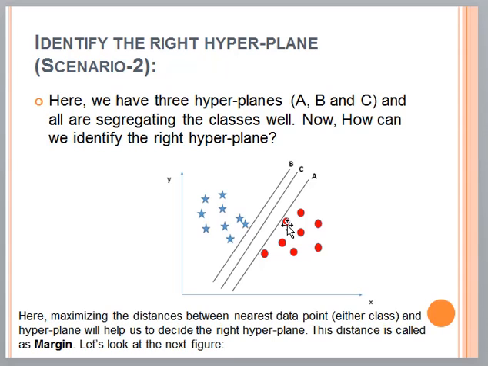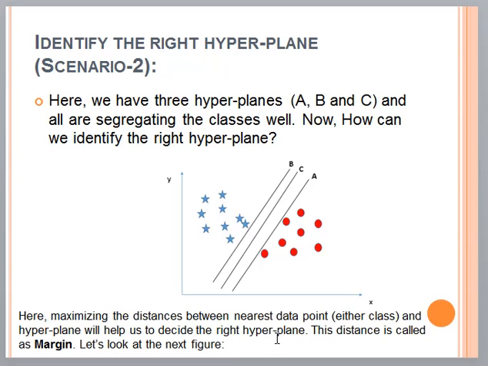Similarly, we have a distance of this point to this hyperplane, and a distance of this instance to this hyperplane, right? So we have different distances of different instances to each hyperplane, and the rule is to maximize the distance to the nearest data point. The nearest data point means the data point which is close to a hyperplane on either class, and this will help us to decide the right hyperplane.